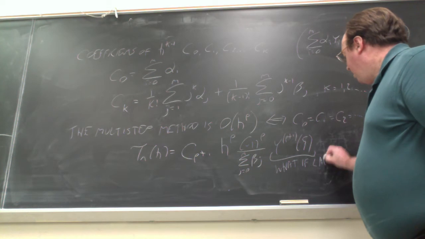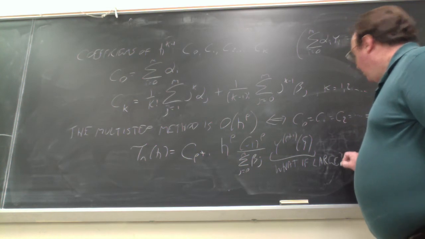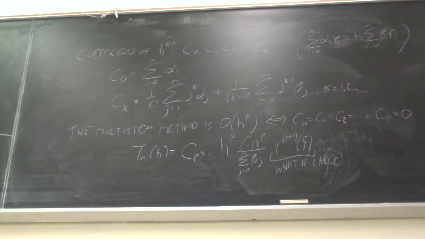Because what if this is large? In other words, what if your exact solution has a very rapidly decaying exponential that has a term like e to the minus 100t? Well, that function is very small for most t. It decays to 0 so rapidly you think, oh, I can ignore it.